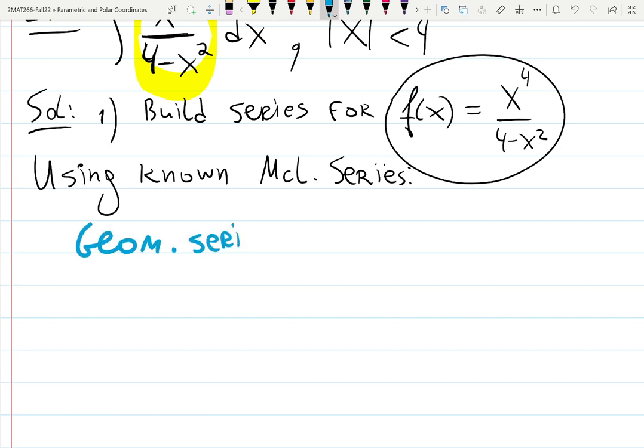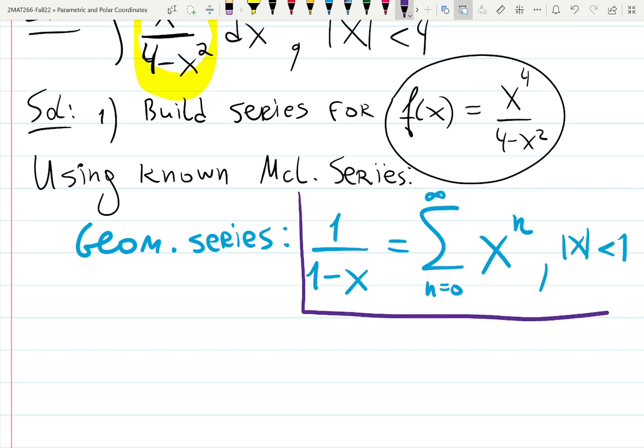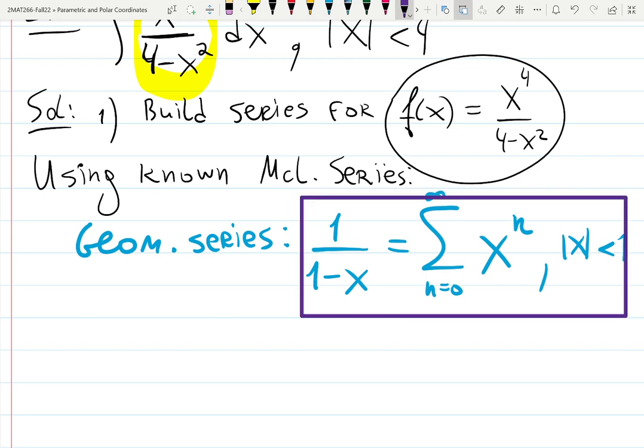Don't worry, I'll put all those formulas on the test for you, so you don't have to memorize any of this. But remember, 1 over 1 minus input has the series sum of input to the n from 0 to infinity. This only works when x is less than 1 in absolute value. Geometric series.